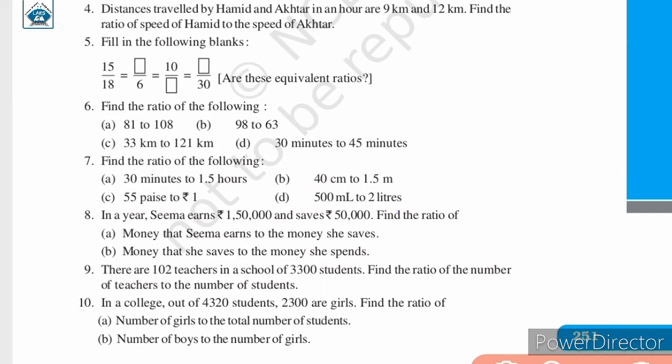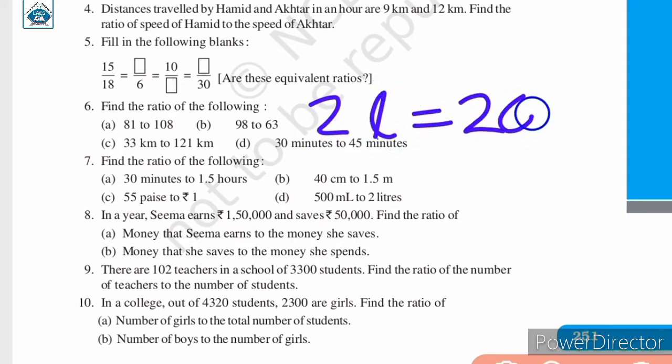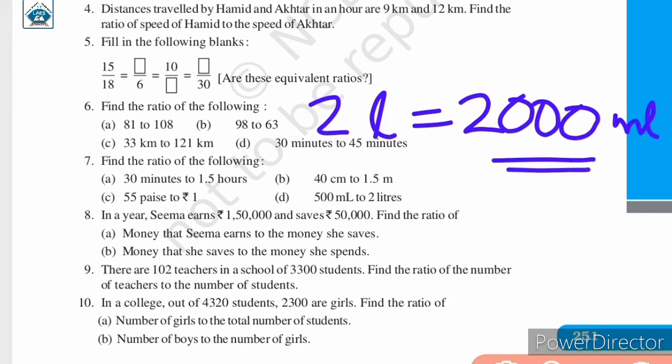So इस हिसाब से 2 liter क्या होगा? 2 liter will be equal to 2 into 1000, that is 2000 milliliter. So using this conversion, you need to convert 2 liters to milliliter and then find the ratio, and then you need to divide the numerator and the denominator with their highest common factor. So part D is homework for you. You need to write the proper solution in your notebook on your own.